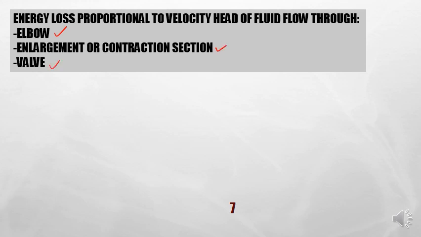I think in the previous slide I already showed you the shape of an elbow, where there could be potential losses. So what is the difference between enlargement and contraction? Enlargement, for example, goes from a smaller to a bigger section.